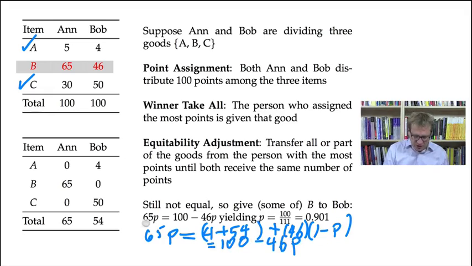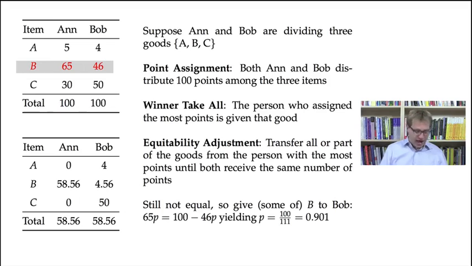So we have to solve the equation 65P equals 100 minus 46P for P. That gives about 0.9. So about 90% of item B remains with Ann, and 10% is transferred to Bob. Once we do that, both Ann and Bob end up with 58.56 points, the same number of points.